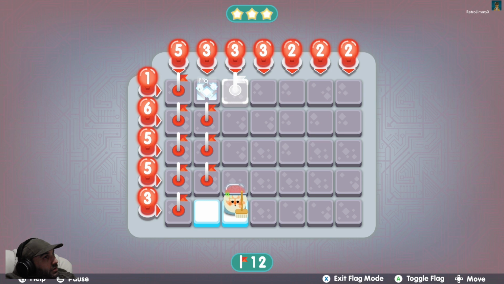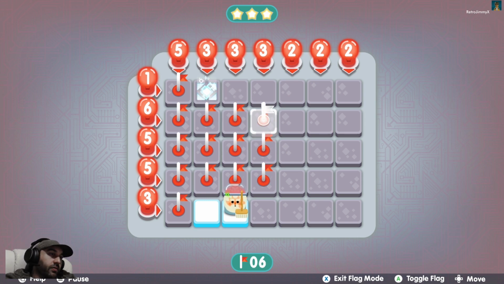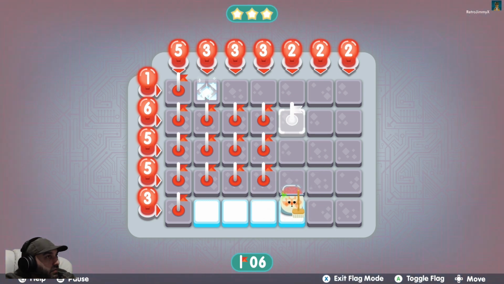Three above my head. I'll have to be there. And same for those. 2 above my head. Well, there's 5 there, 2 there. Six there. So one of these is going to have to be a route up.